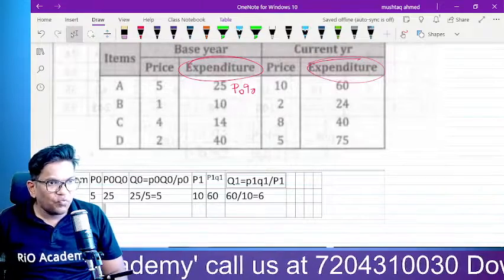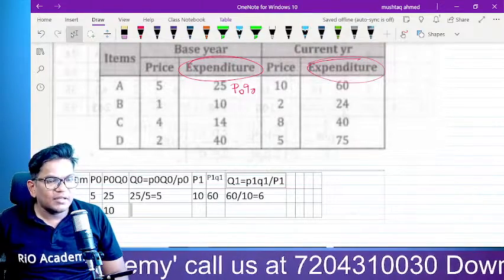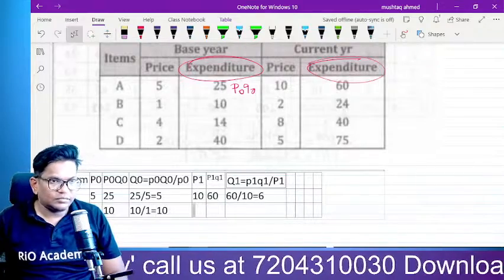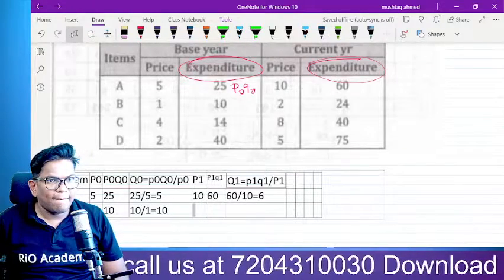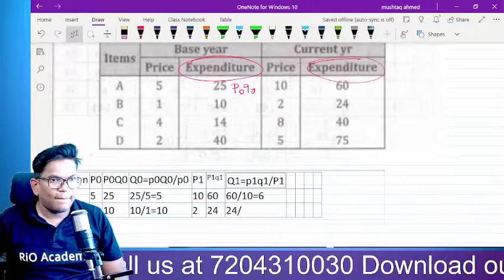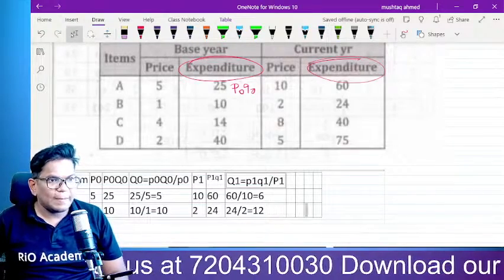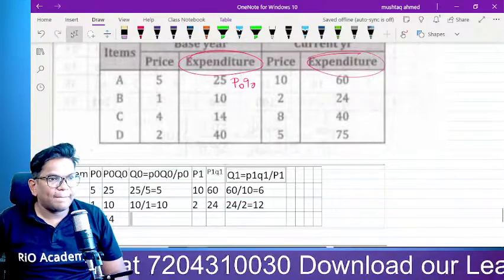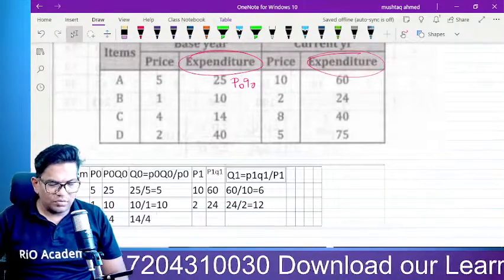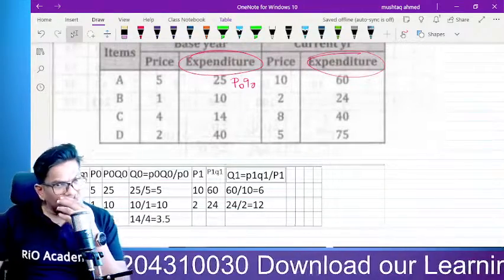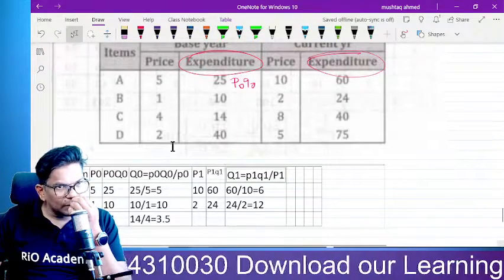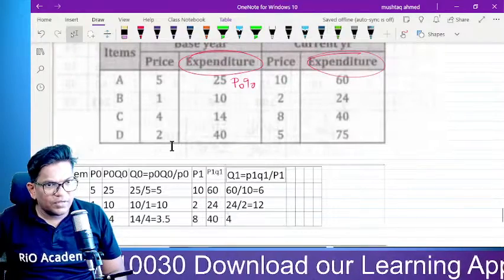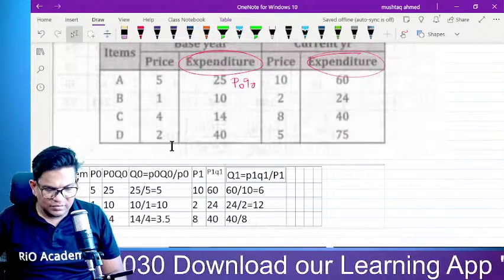B: 1, 10, 10 divided by 1. C: 4, 14, 14 divided by 4, 3.5. 8, 40, 40 divided by 8.